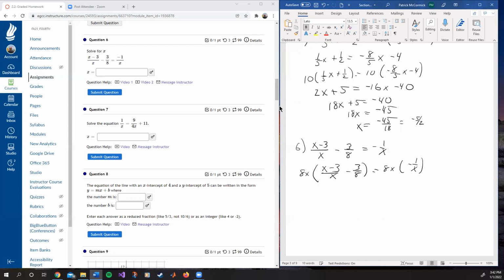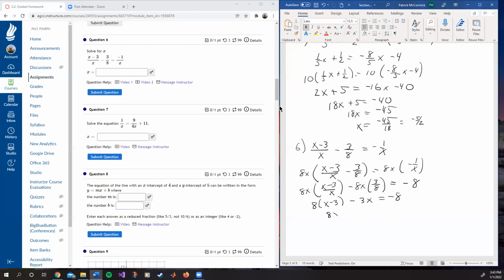All right. So I'm going to do this out the long way just so we don't get lost in the algebra here. This one, the x's are canceled, so I just get -8. So here, my x's cancel, so I get 8 times x minus 3. My 8's cancel, so I get minus 3x equals -8.